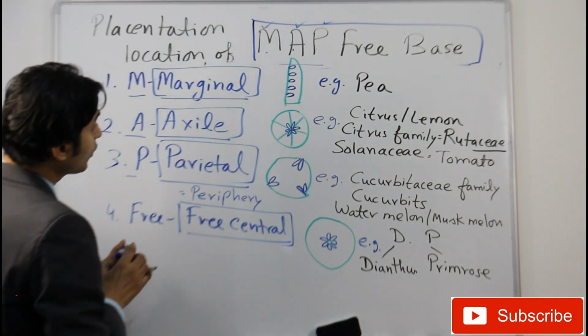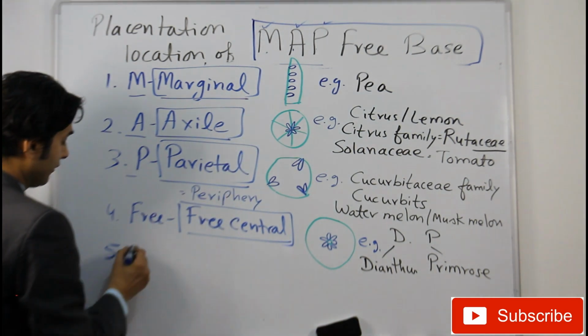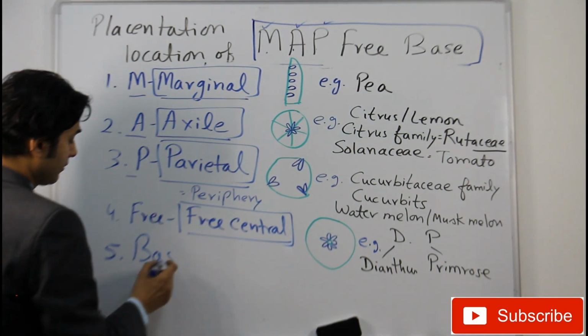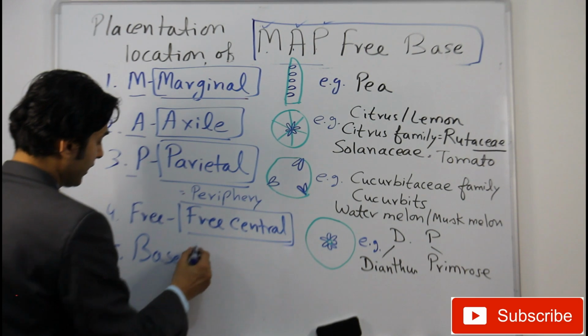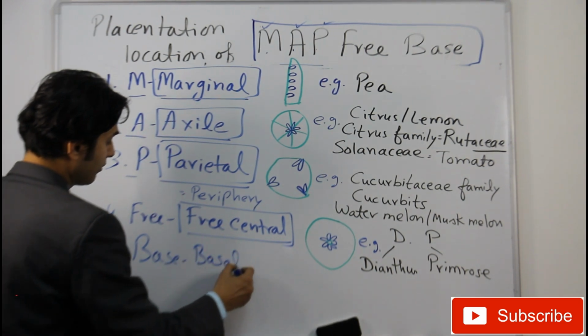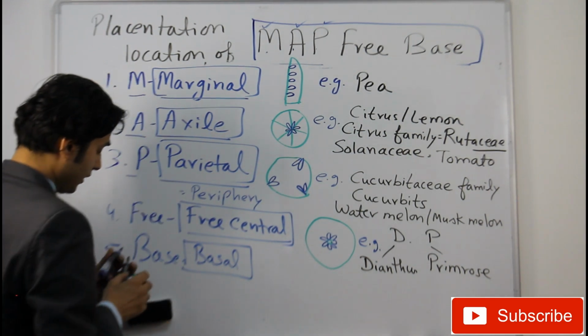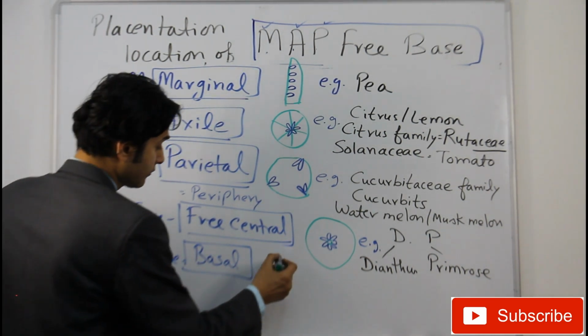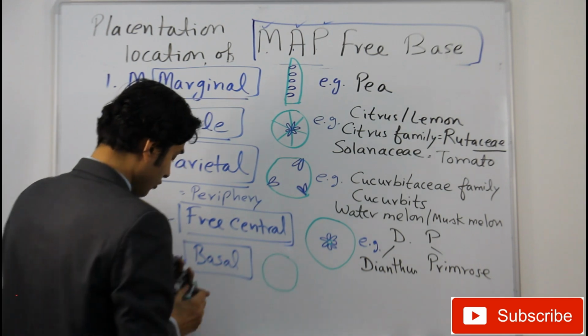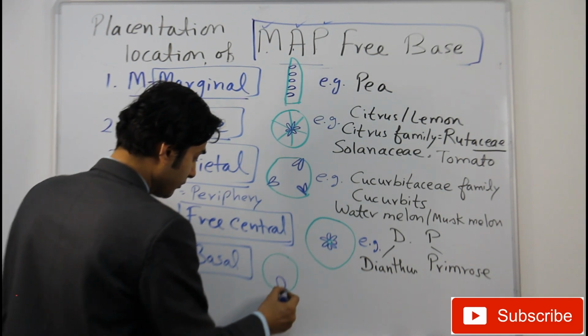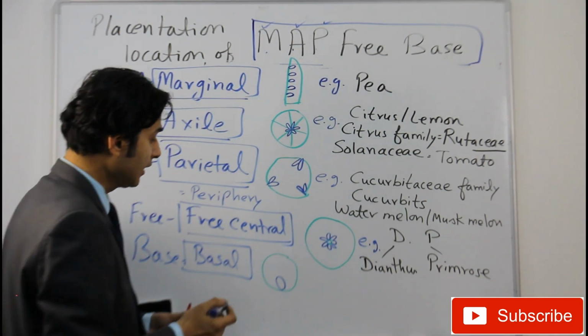And the last one is the basal. Number 5 is base, will be basal. Basal is very simple here. In the ovary, ovule is present at the base, attached with the base.